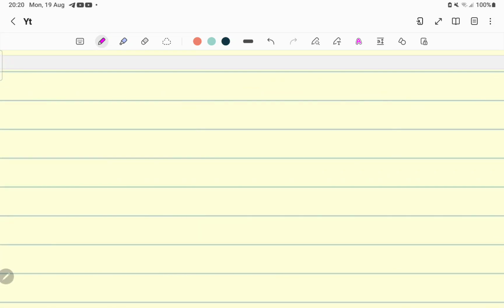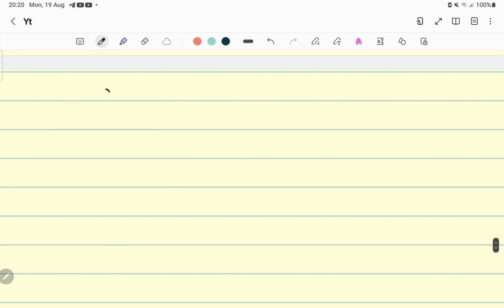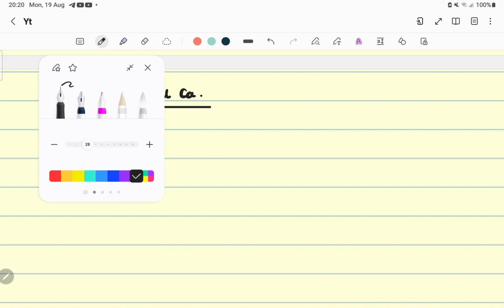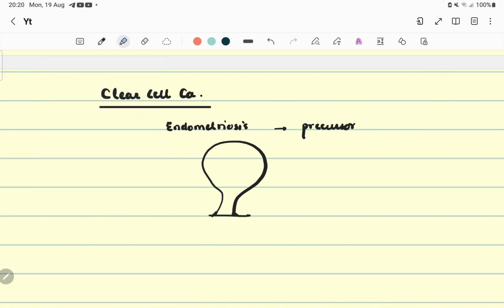So talking about clear cell carcinoma, the last tumor which I have to discuss. So what is the precursor lesion? Again it is endometriosis, which is the precursor. Okay, and in the microscopy, of course, we'll have this type of appearance. You have seen this appearance somewhere, right?